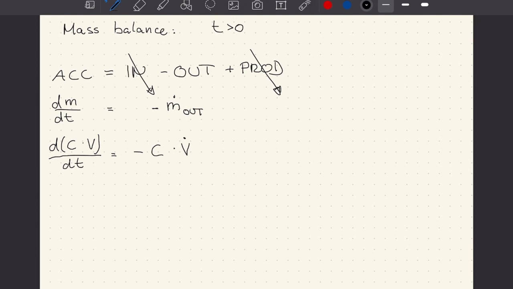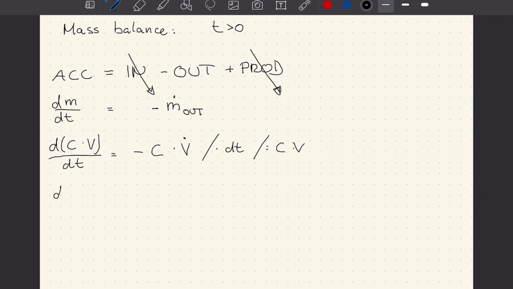And now we can rearrange this equation. By multiplying with dt and by dividing both sides with the concentration and also by dividing both sides with the volume. Why? Because the volume is constant and can be taken out of the differential.